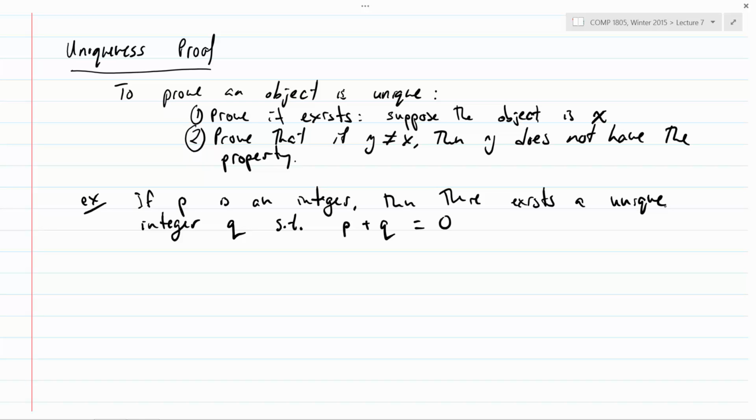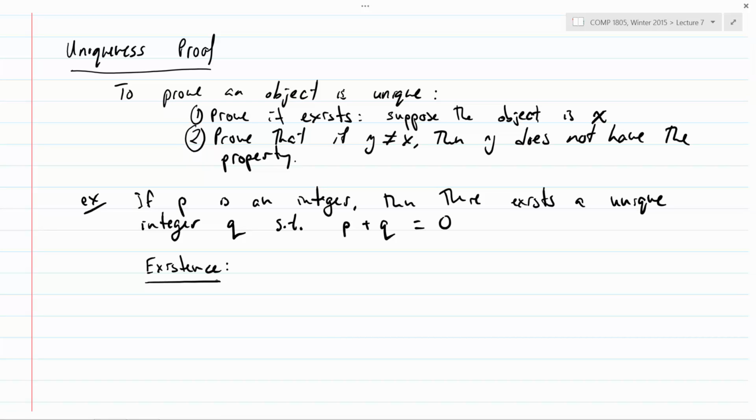All right, so you do two things. First, you prove that it exists. And there's nothing wrong with labeling the parts of your proof. Right? It just makes it easier for someone to see that you know what you're doing. So the first thing you do is you prove that it exists.